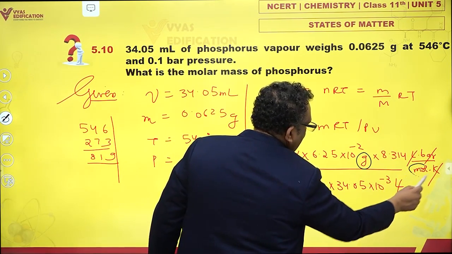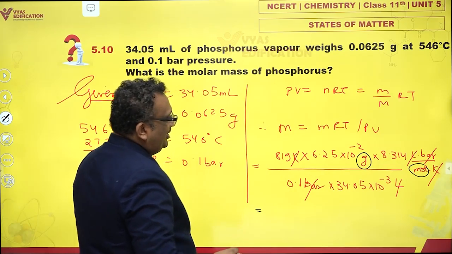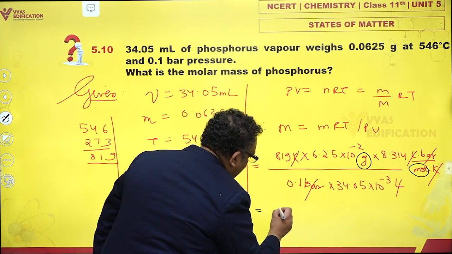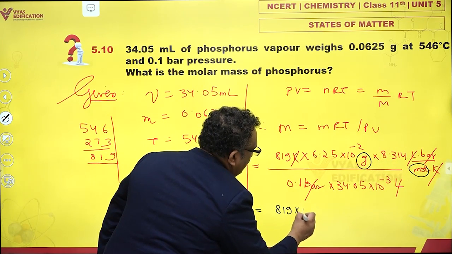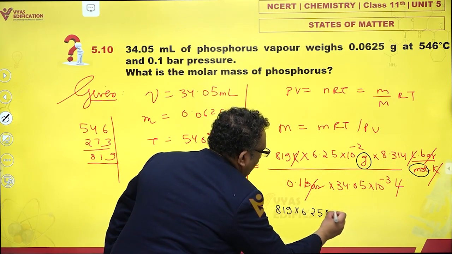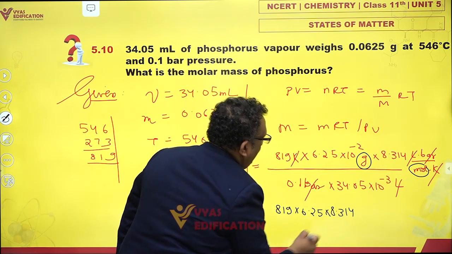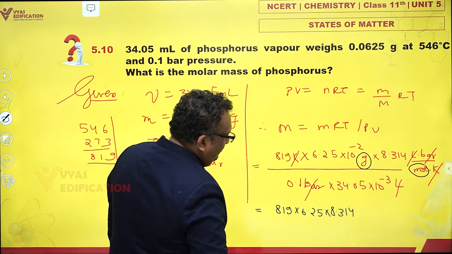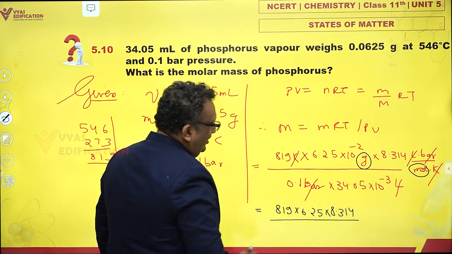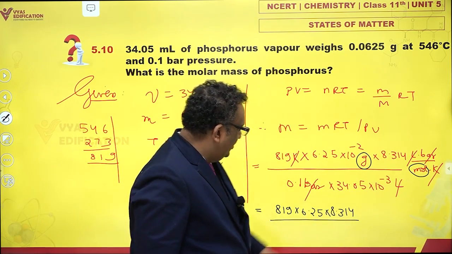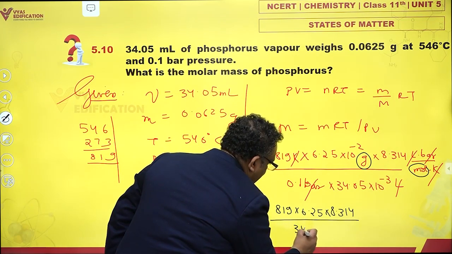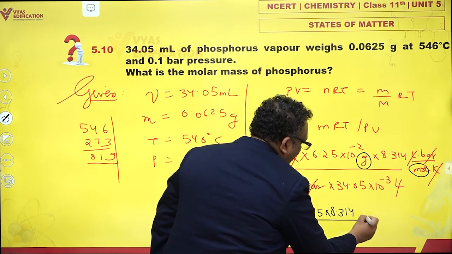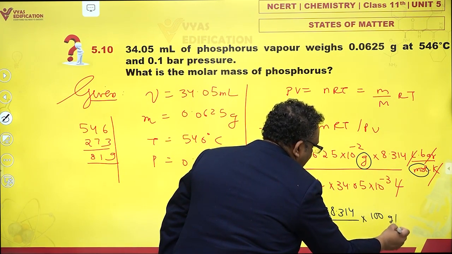Just watch. If you want, I can just write it down in a slightly cleaner version. How much would that be? 819 into 6.25 into 8.314. Now 10 raised to minus 2 survives, and below we have 10 to minus 4 divided by 34.05, and this has to be multiplied by 100 into 100 grams per mole.